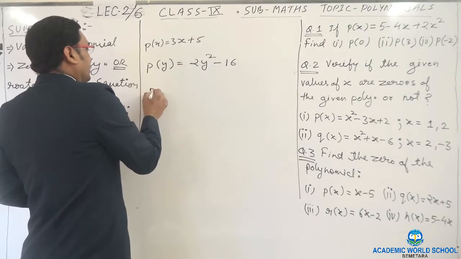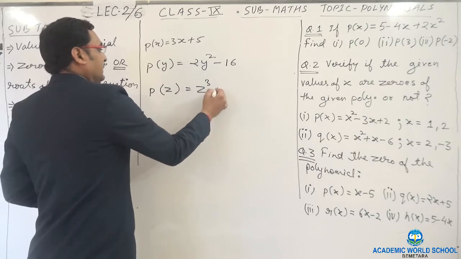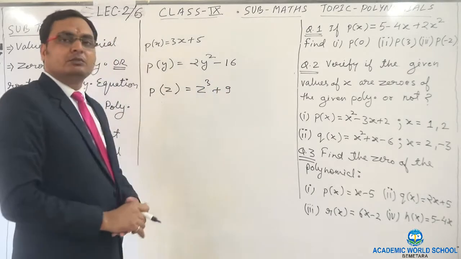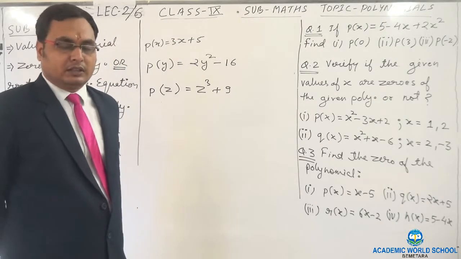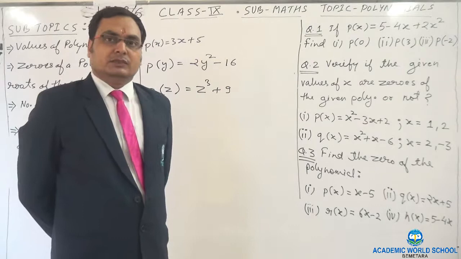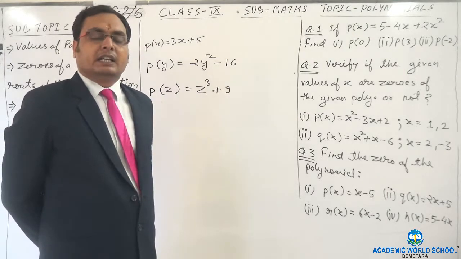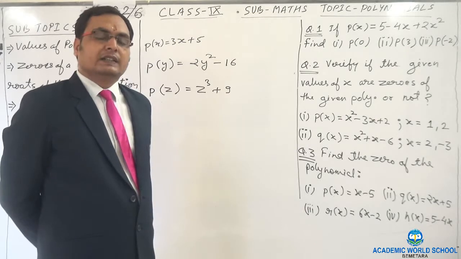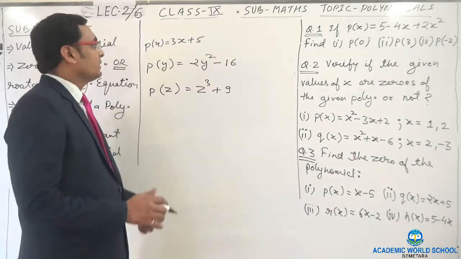Further, a cubic polynomial may have at most 3 zeros. So in short, we can say that the number of zeros of a polynomial cannot be greater than its degree. It may have at most zeros equal to its degree.